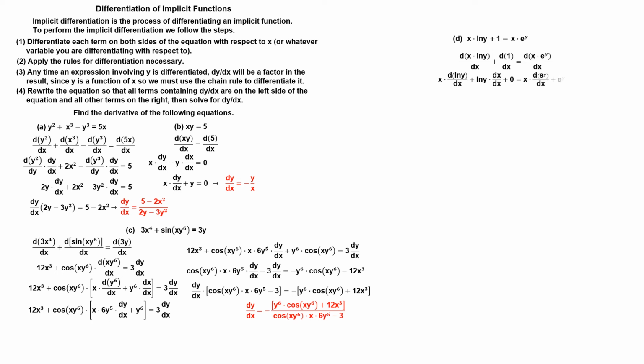After applying the product rule, we must apply the chain rule. Step 4. We rewrite the equation so that all terms containing dy/dx are on the left side of the equation, and all other terms on the right. Then, solve for dy/dx.